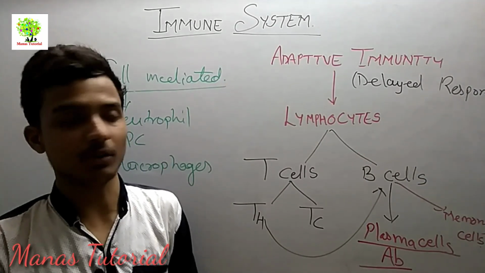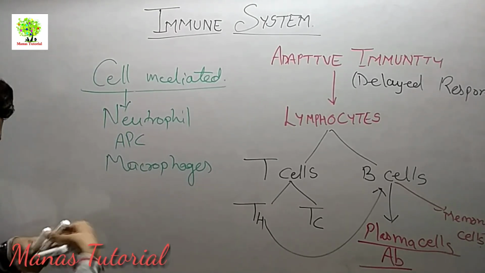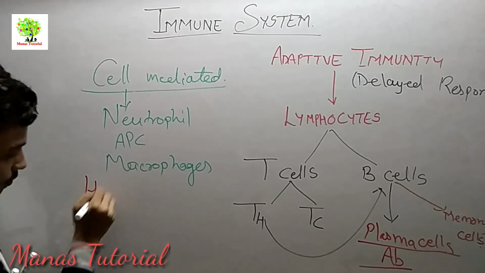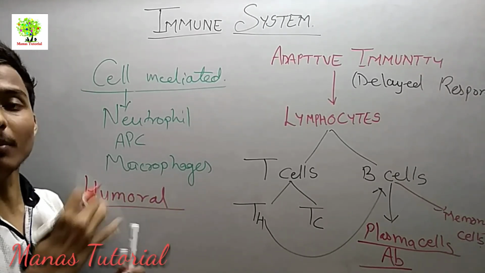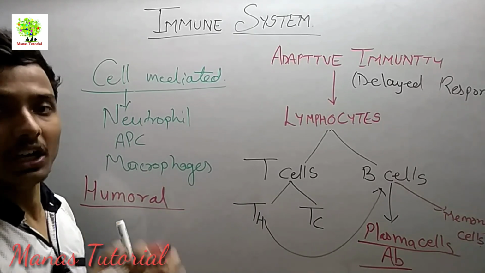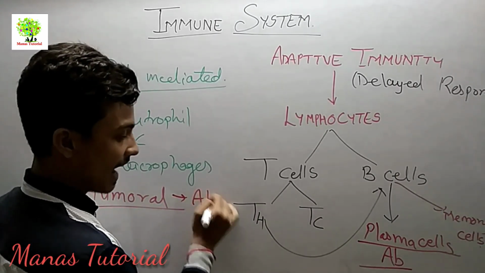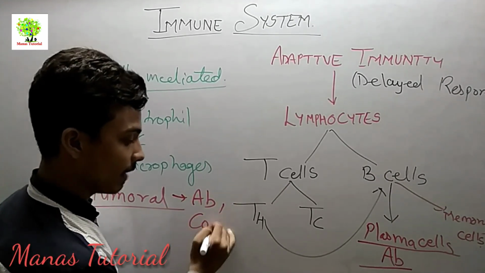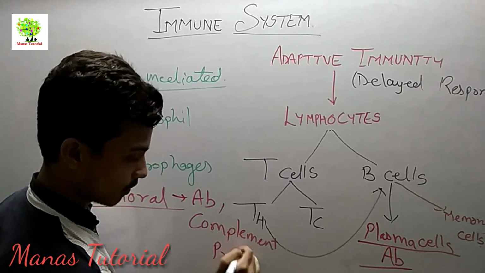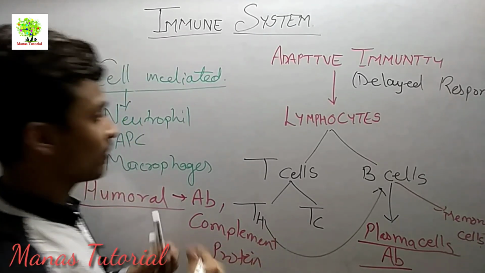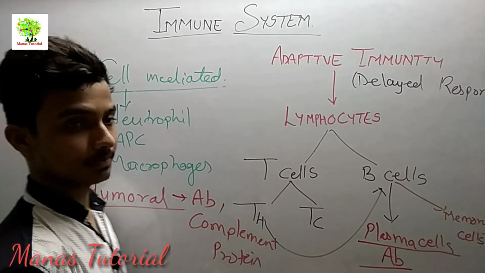There is another type which is known as humoral. Humoral means body fluid. It is the immunity gained through body fluid. This includes antibodies and the complement system or complement proteins. So there are two types of immunity: cell-mediated and humoral.